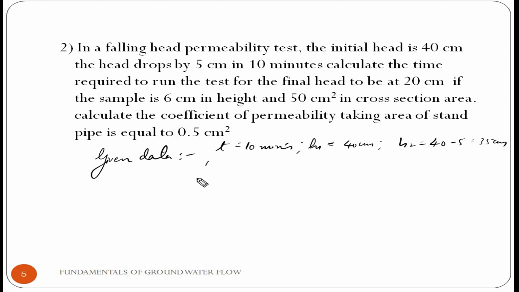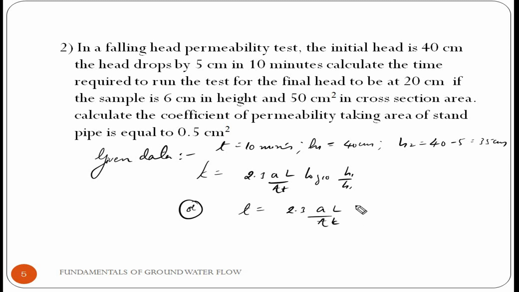So for the falling head the equation is K equals 2.3 AL divided by AT log to the base 10 H1 divided by H2, or T is equal to 2.3 AL divided by AK log to the base 10 H1 by H2.